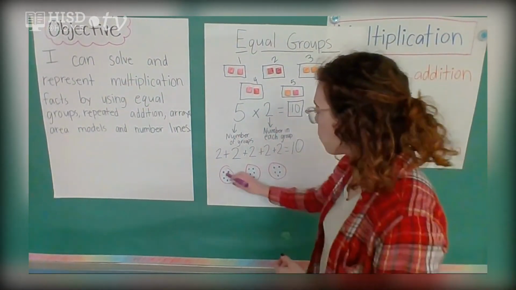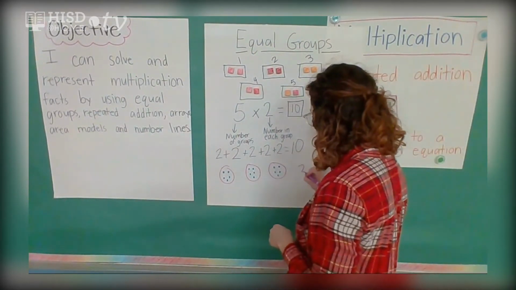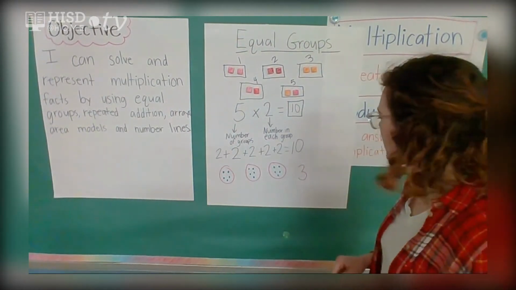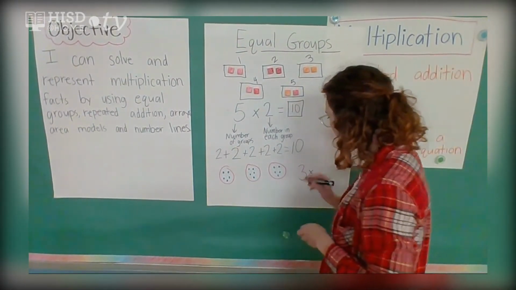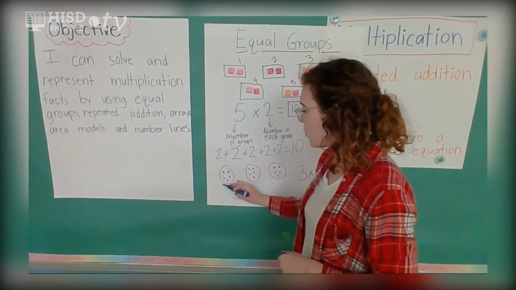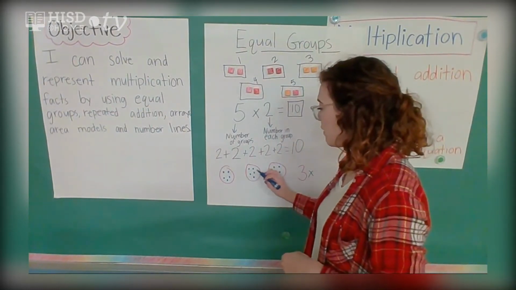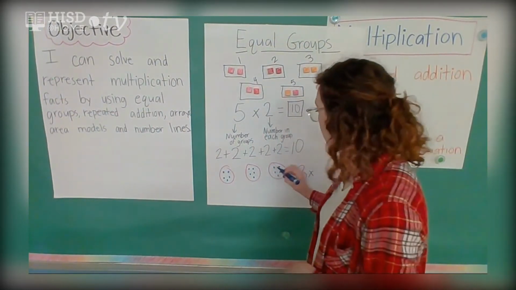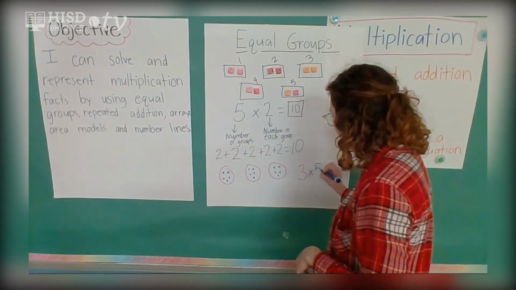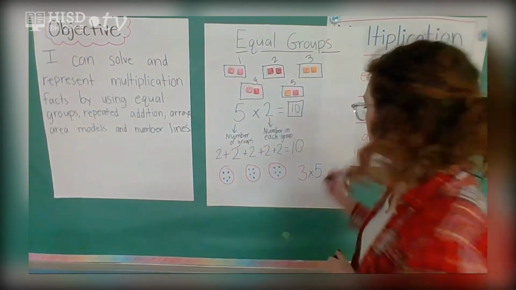So I have 1, 2, 3 groups. So I'll write 3 for our 3 groups times, let's see, we have 3 groups of what? Let's count. 1, 2, 3, 4, 5. I have 3 groups with 5 in each of them. 3 groups of 5.